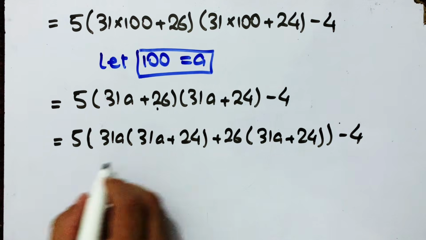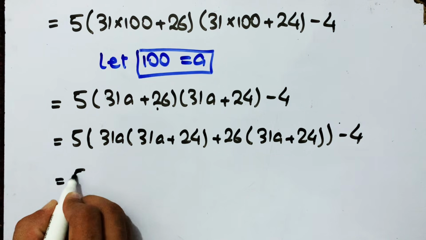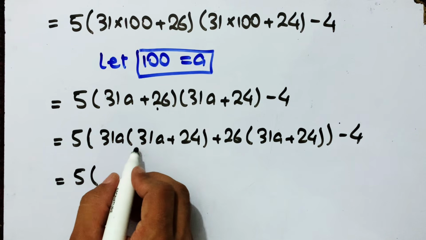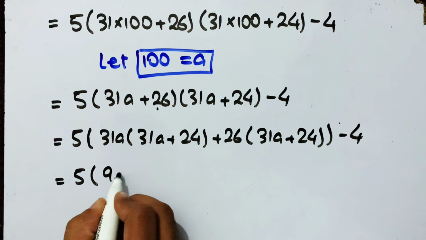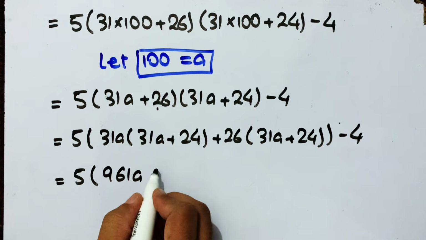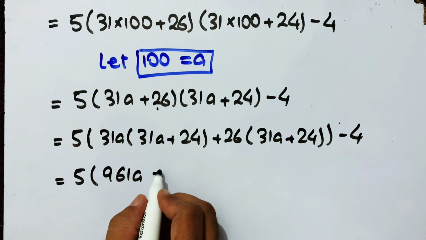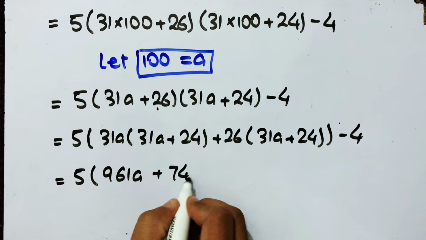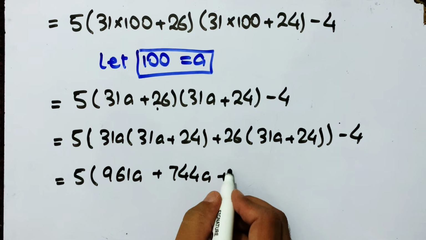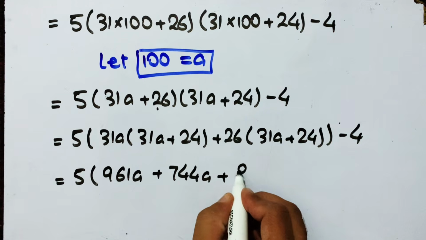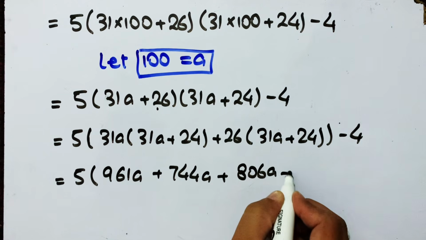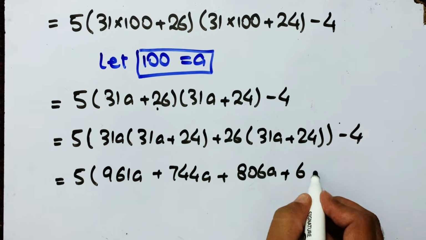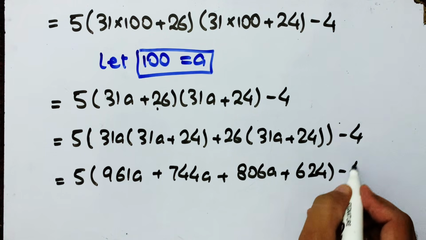Further solving, 31 into 31 is 961a squared, plus 31 into 24 is 744a, plus 26 into 31 is 806a, plus 26 into 24 is 624, minus 4.